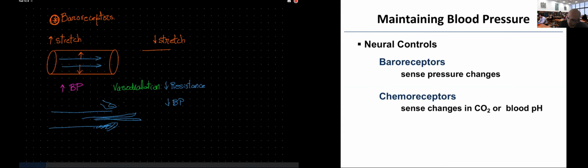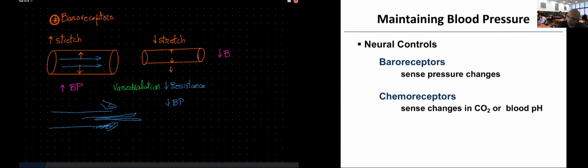This tells me that the blood here is not traveling at enough force, driving it forward. So the amount of pressure it applies on the wall has been reduced. So I am detecting a reduction in the degree of stretch. So this tells me I have low blood pressure.